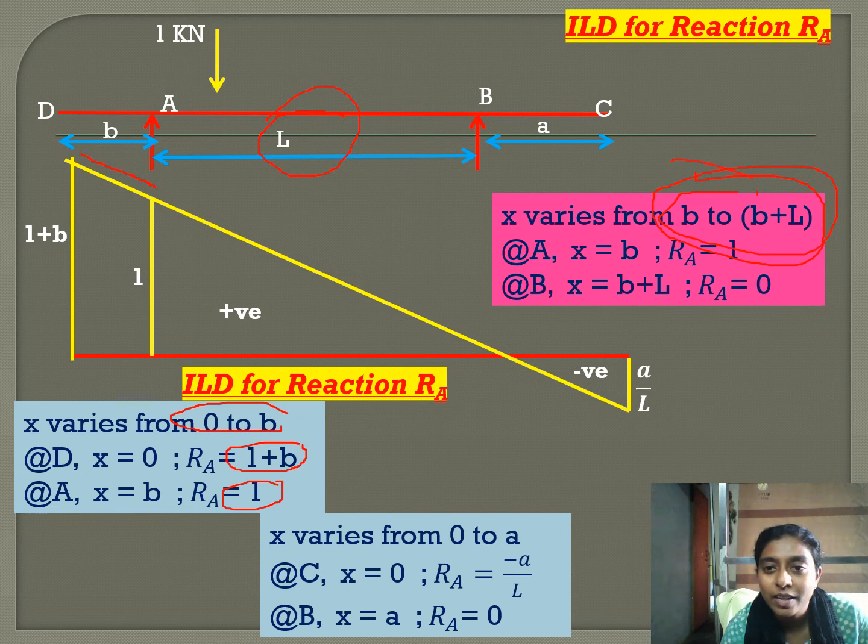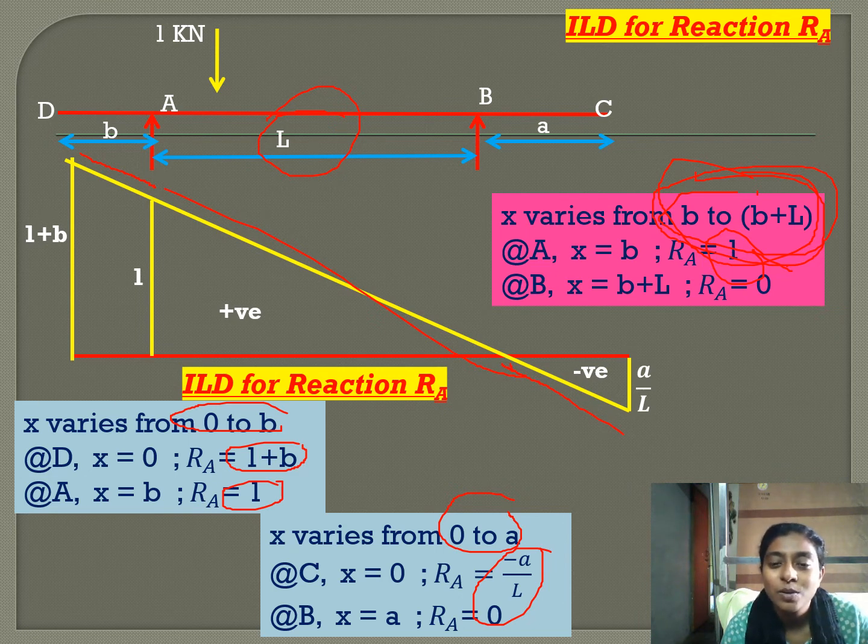Substituting we get 1 and 0. So it starts from 1, ends in 0. Now for the third portion, X varies from 0 to A and the values are minus A by L and 0.